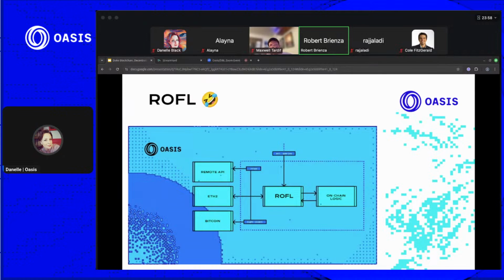This is a diagram connecting the dots of how ROFL fits together with everything. I don't want to frame it as some nebulous off-chain world. It's pretty concrete: you are just running something off-chain. It periodically interacts with a blockchain in order to attest, and also to trigger on-chain transactions or post data on-chain.